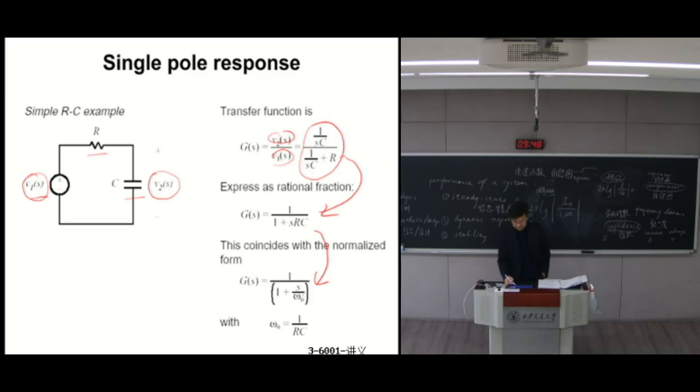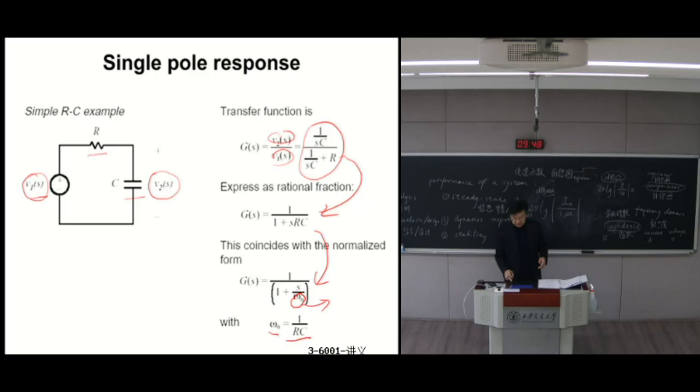Because in this normalized form, omega 0 is going to be exactly showing the location or the position of this pole, where the pole is located. And in this normalized form, omega 0 is exactly equal to 1 over RC. Okay, that's the single pole transfer function.